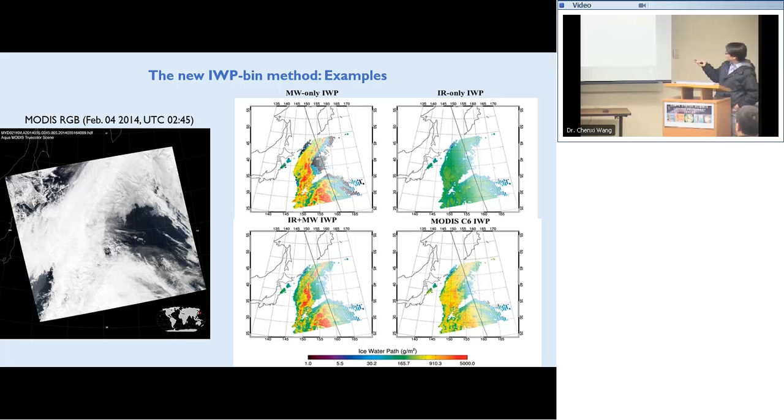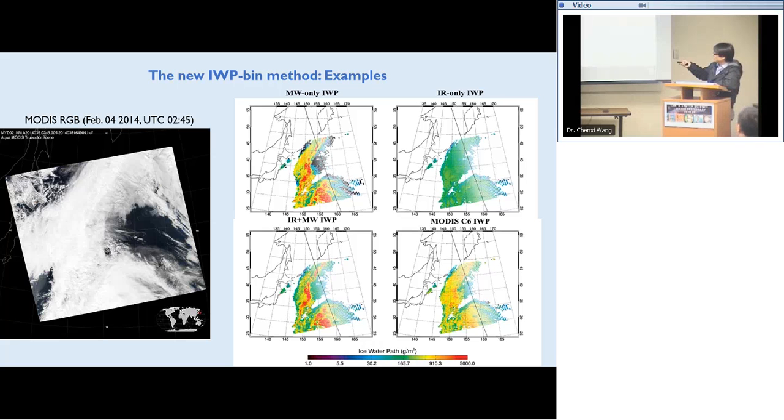And the last one is the standard MODIS collection 6 retrieval. It has some good retrieval for thin clouds, but for deep convection, it still saturates. Maybe it could also be caused by the vertical heterogeneity as we talked about before. But if we use infrared plus microwave retrieval, which is this one, we have a very nice retrieval no matter what kind of cloud it is.